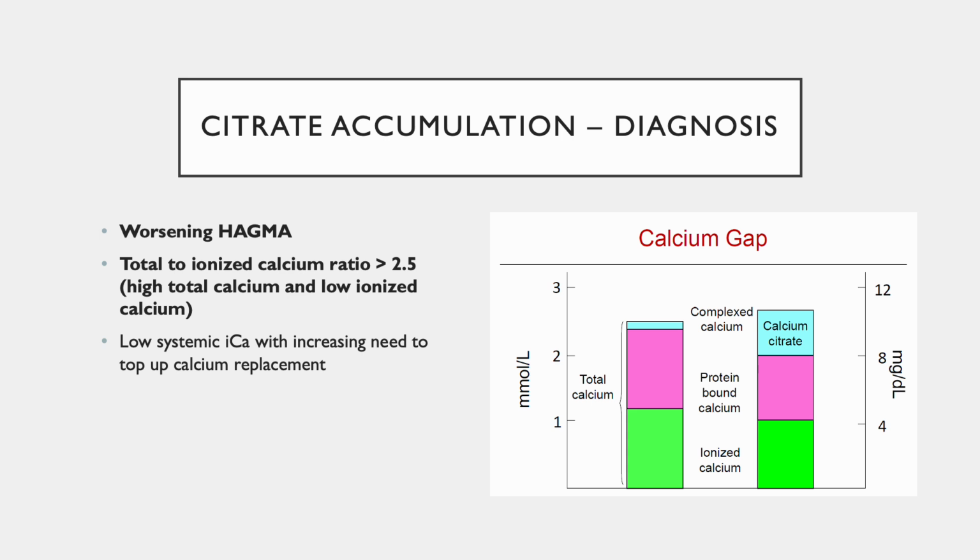However, the ionized calcium is now significantly less because they are all bound away by citrate. You also have systemic hypocalcemia with an increasing need of calcium replacement to maintain your systemic calcium levels.